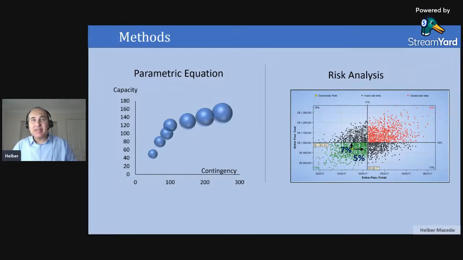And the last technique, and here we have more details in the examples that I will provide in the following slides, I will use risk analysis. And in my view, when we have enough maturity, this is the best technique.